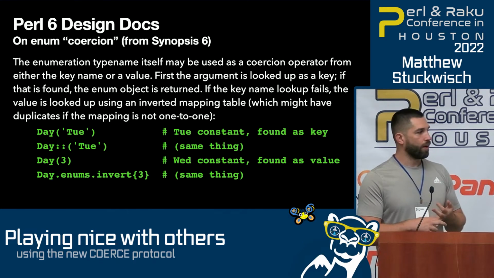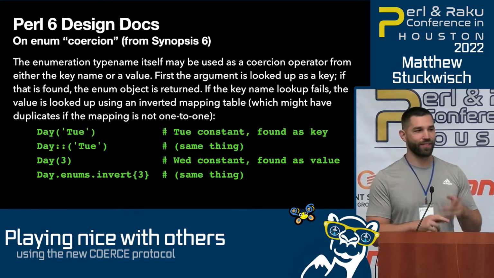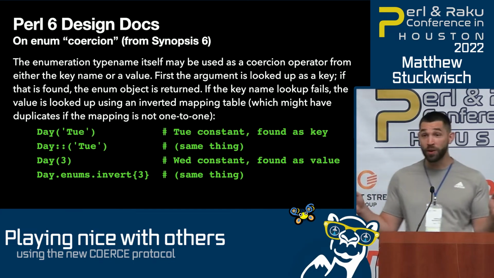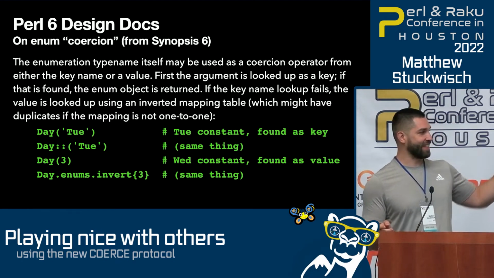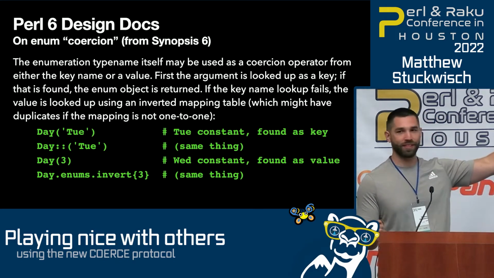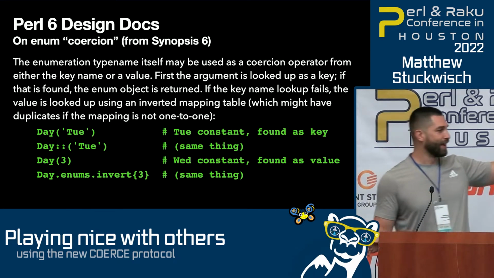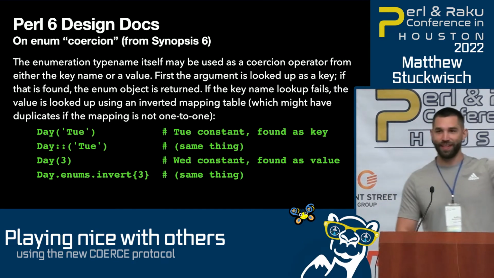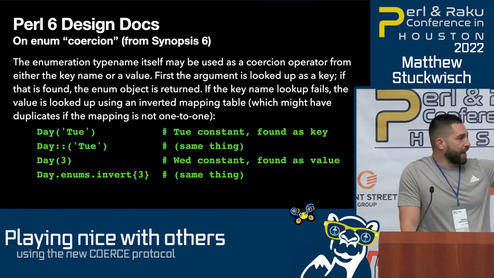So you could have string and string, which now means you could have keys and values that overlap as well. I'm not really sure why you would want to do this, but you could. And then this lookup is saying, okay, we're going to do a key first, but then it becomes ambiguous. Am I looking up by a key or by a value? Yeah, but that's how it was set up in the design docs. I don't think they were necessarily thinking that people would do that.